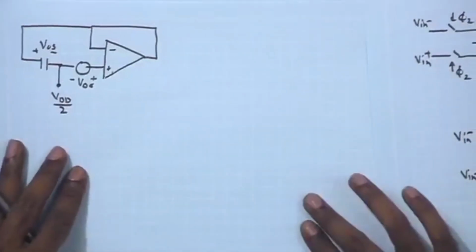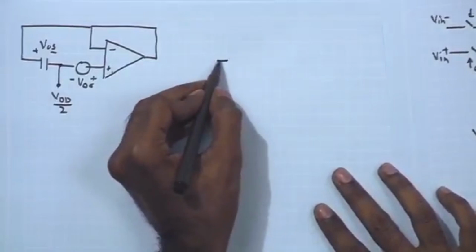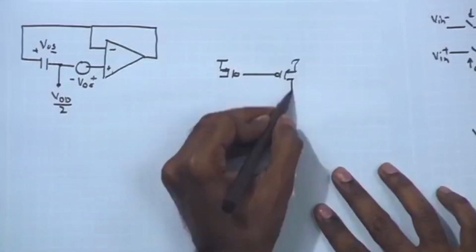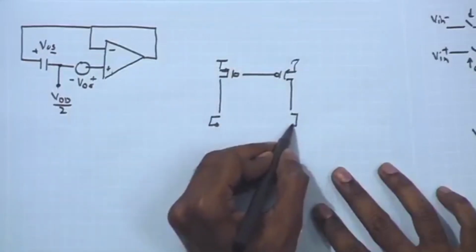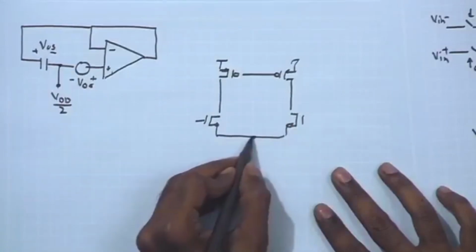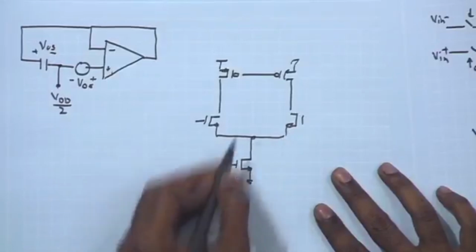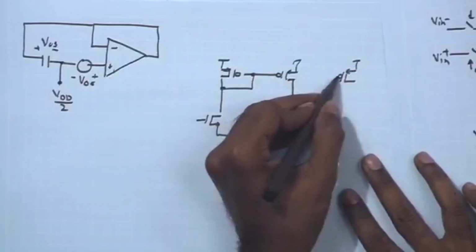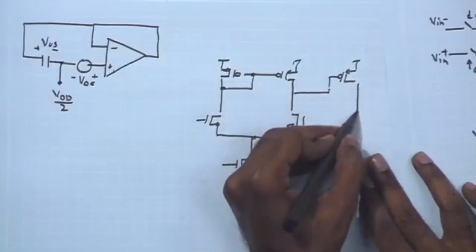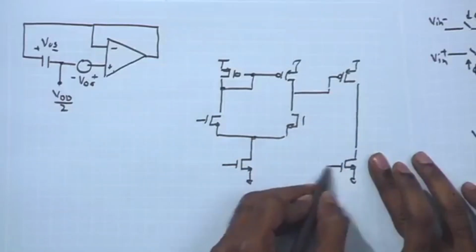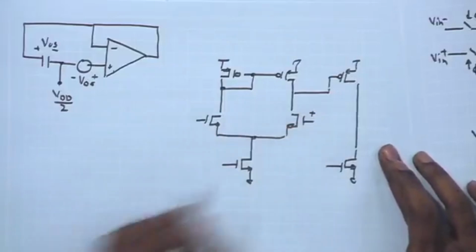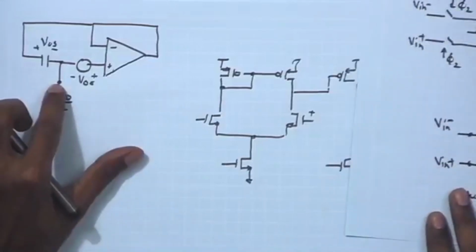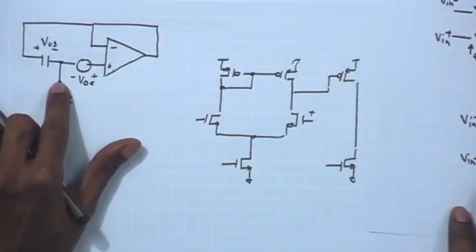So, if I draw that on my transistor level circuit for the comparator, this is our positive input, and we are connecting the first switch at the positive input, which is supposed to connect this to VDD by 2 say.